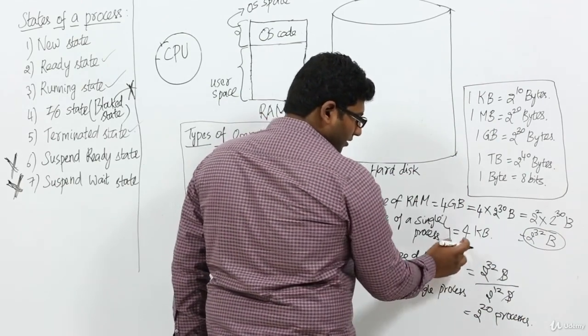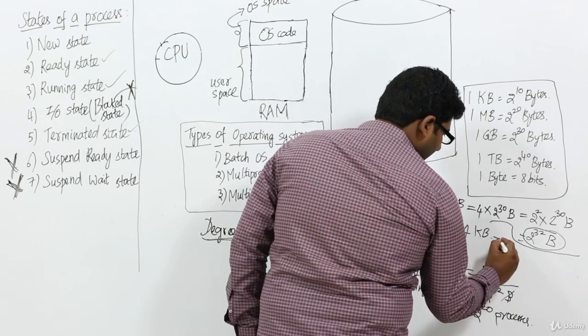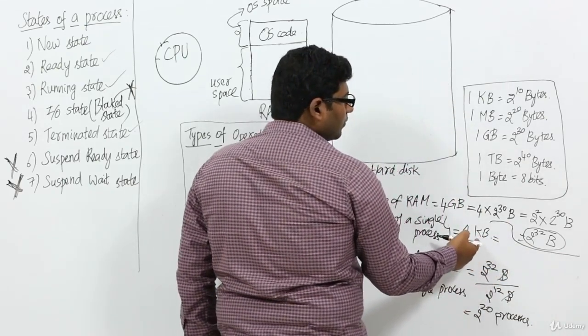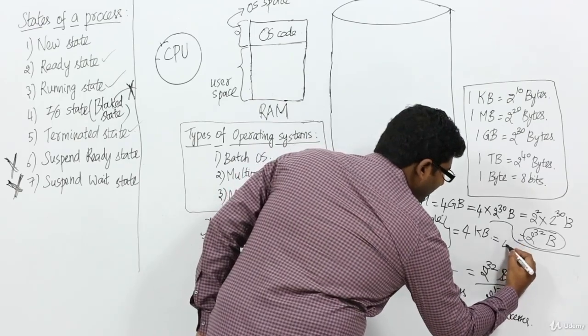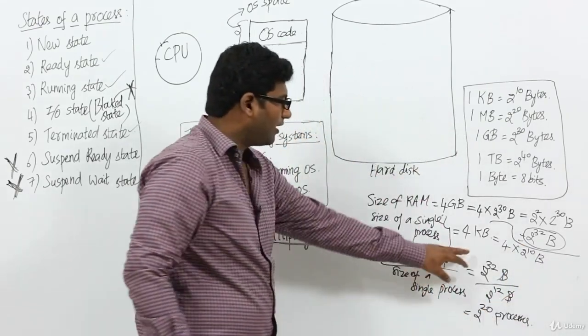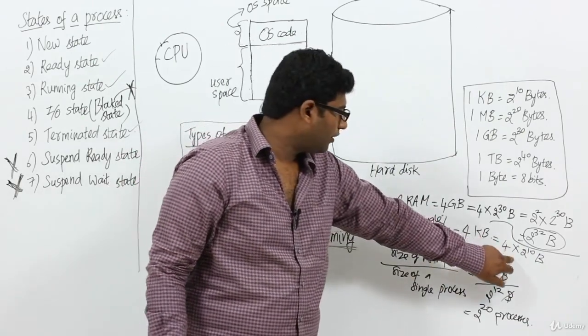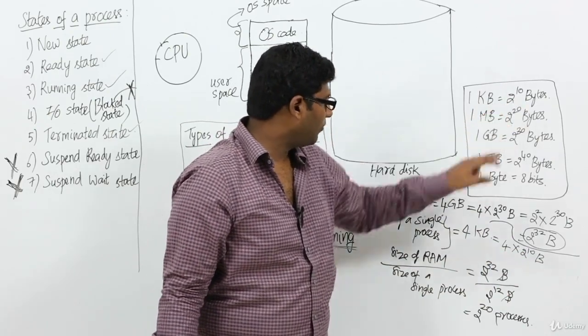Similarly this 4 KB I can write, since 1 KB is equal to 2 power 10 bytes, as 4 into 2 power 10 bytes. See, 4 KB I am writing as 4 into 2 power 10 bytes because 1 KB is equal to 2 power 10 bytes.